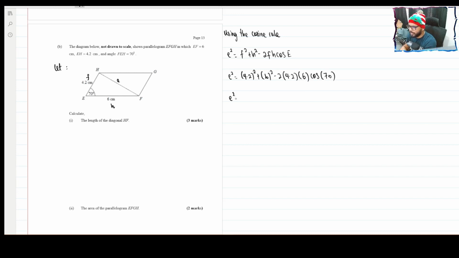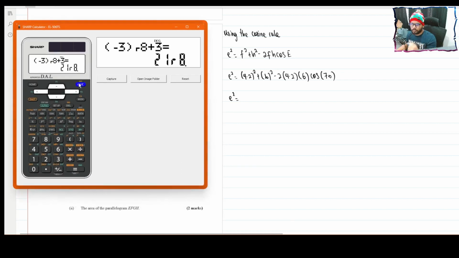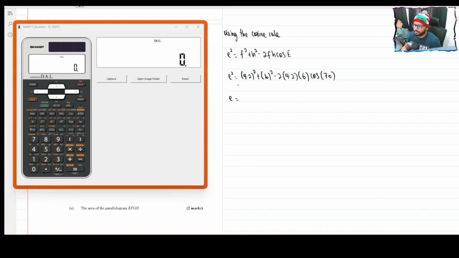I'm going to work out this whole thing on my calculator, and I'm going to actually square root it one time, right?